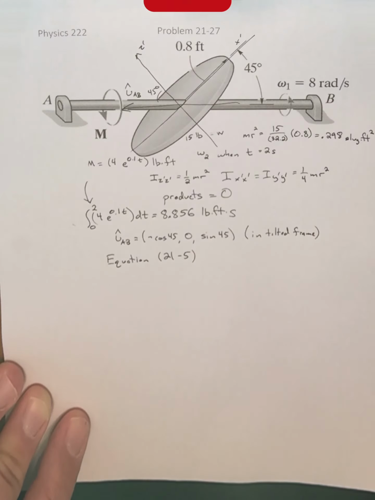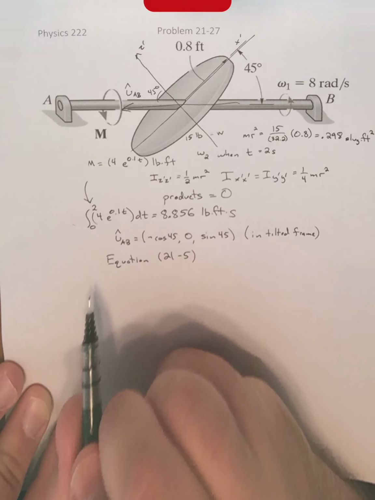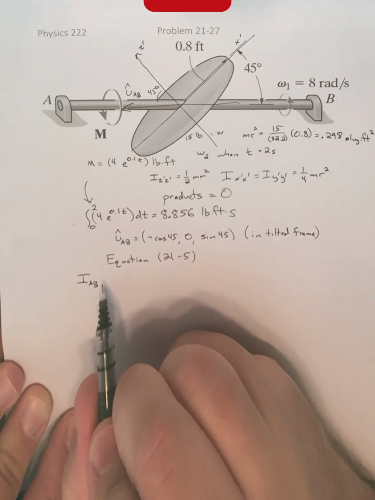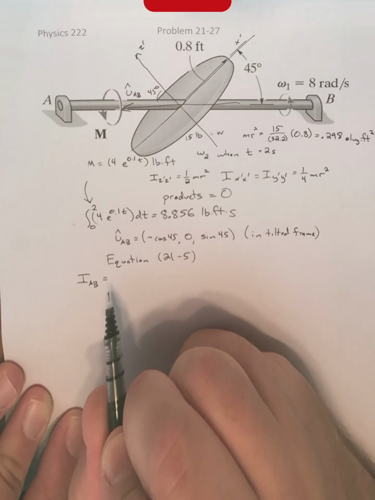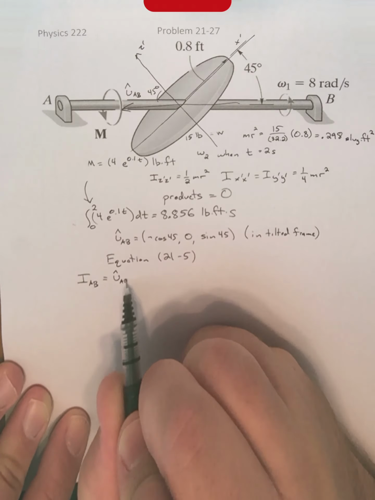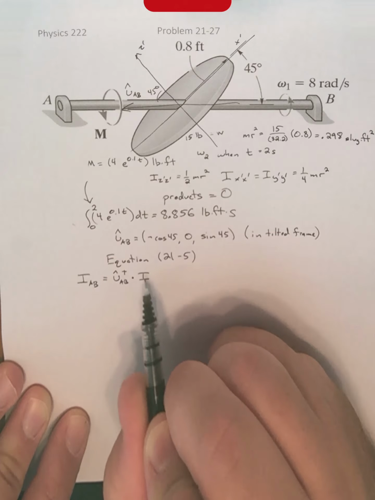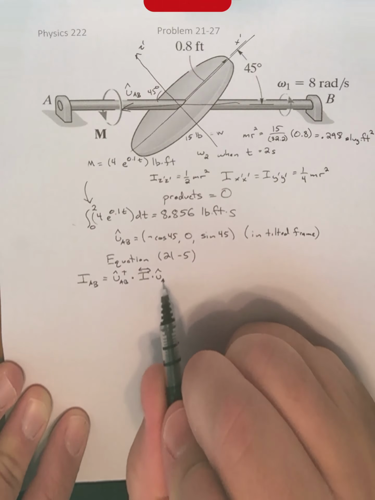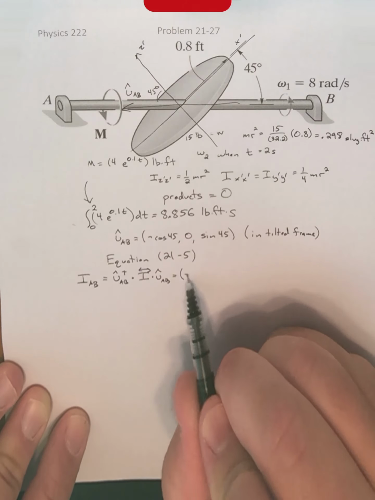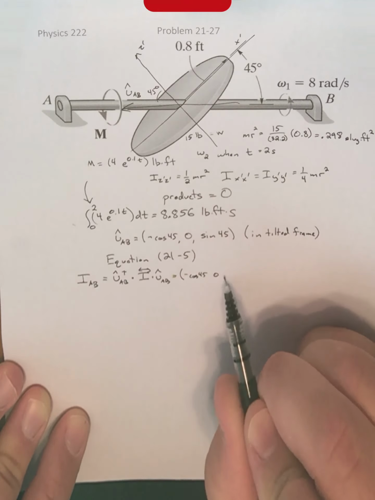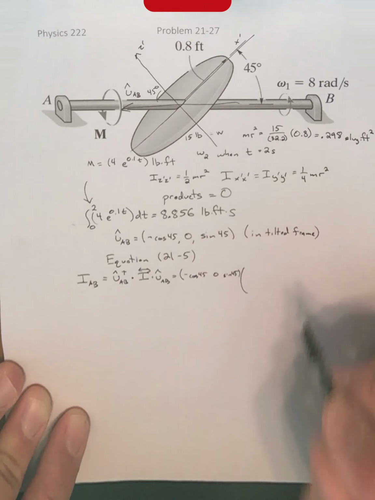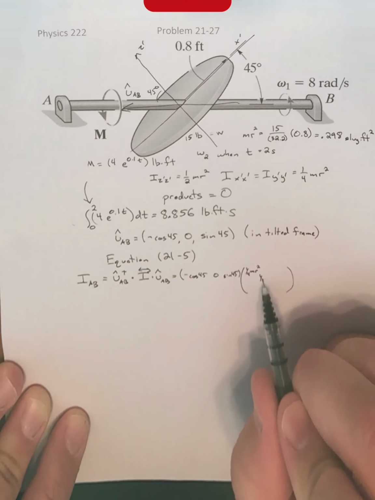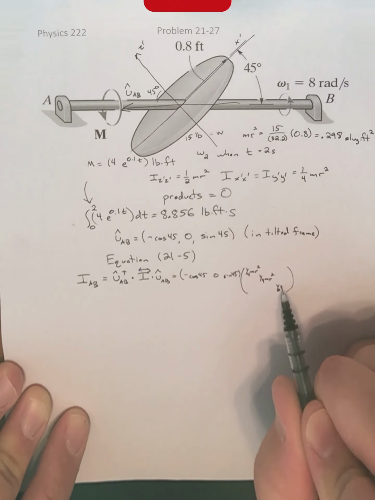We had 6 different terms, and things were squared, and it's not something that's easily rememberable, but if you looked at the extended discourse I wrote about the moment of inertia on the webpage, we can also write this in a more compact tensor form, where we have this U hat AB transpose dotted into our moment of inertia tensor dotted into our U hat AB, and that corresponds to this row vector, negative cosine 45, 0, sine 45, multiplied by this 3 by 3 matrix of 1/4 mr squared, 1/4 mr squared, 1/2 mr squared.